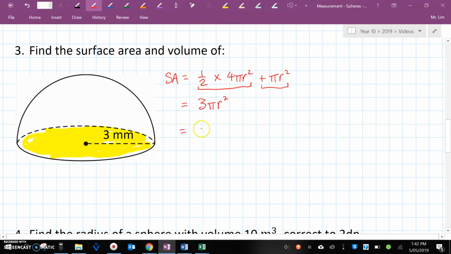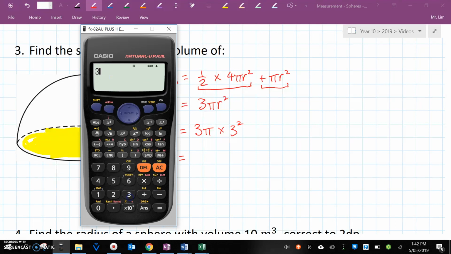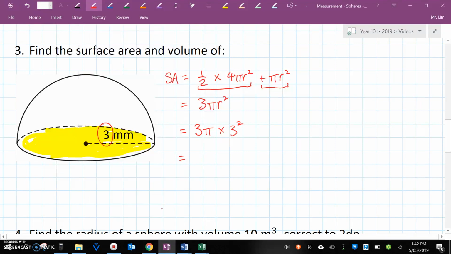Now we can substitute this radius into the formula. So we have 3 pi times the radius, 3, squared. 3 pi times 3 squared is 84.82 millimeters squared. The volume is just half of a full sphere, 4 over 3 pi r cubed.